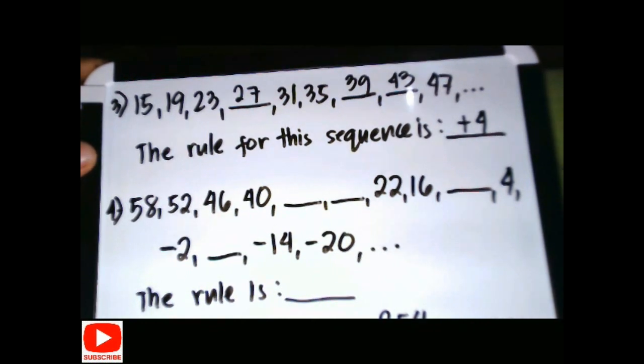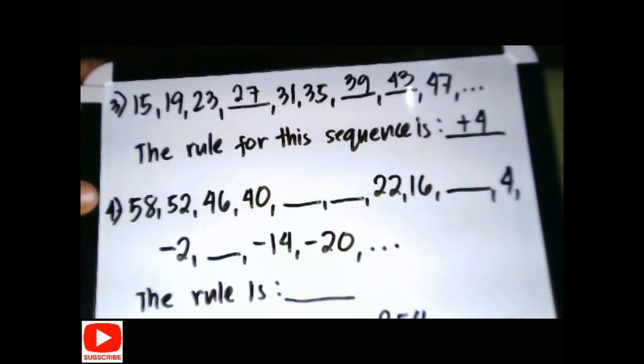In number 4, we have here 58, 52, 46, 40, blank, blank, 22, 16, blank, blank, a blank, 4, negative 2, blank, negative 40, negative 20, and so on. So let's identify the rule for this sequence. What do you think is the rule?